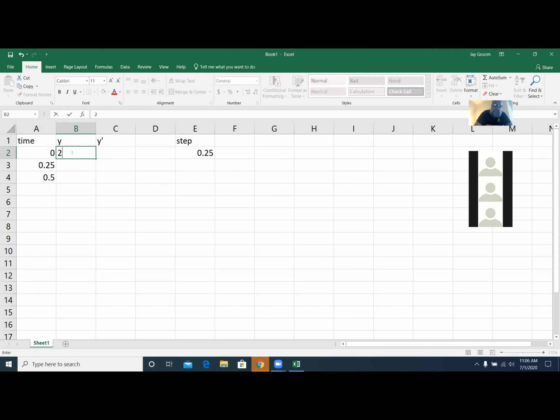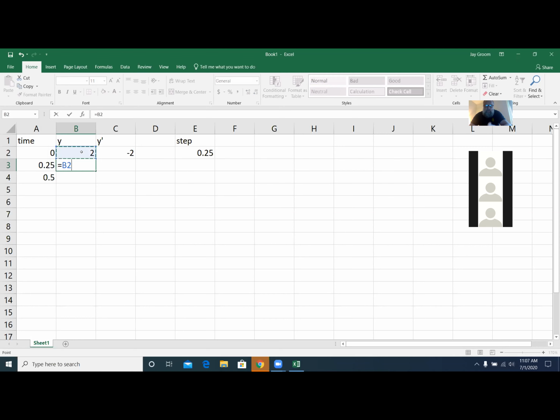We're going to start at 2. So this is equals, okay, what is our derivative? It's negative whatever y was, right? So that's what our slope is going to be initially. Remember, Euler's method is really just slope-intercept form. It's y equals mx plus b. So I start off with the b part.